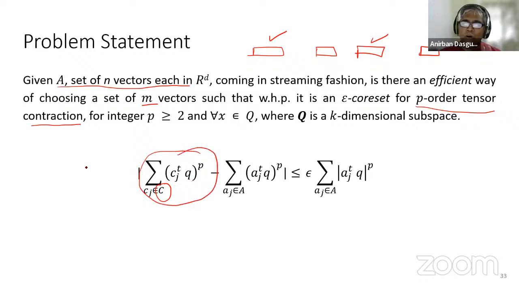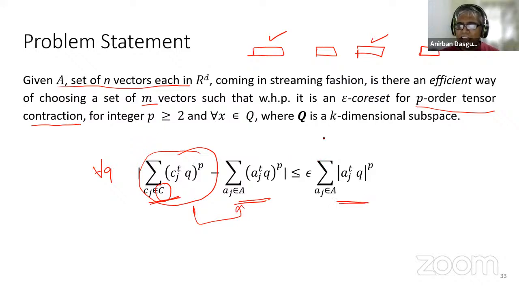I want to say that for all possible queries, doing the contraction with respect to the coreset C is not very different from doing the contraction with respect to the full data A. Basically, the error between these two is bounded. Can I guarantee this?